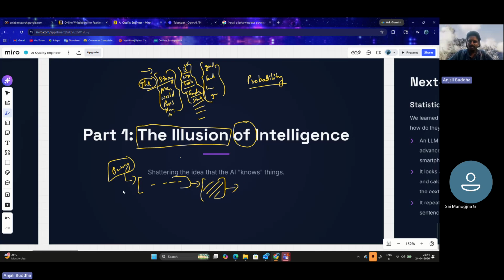Depending on all this, it now has a set of words it can choose: word one, word two, word three. Depending on which word would be better here, the probabilities are arranged and it selects one. Let's say word two is selected instead of word one.